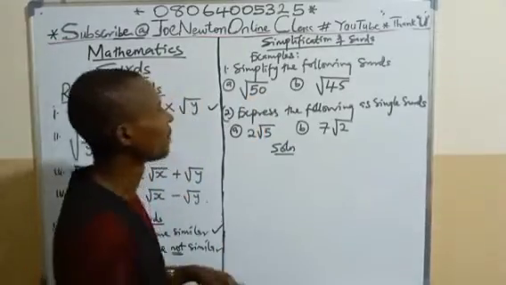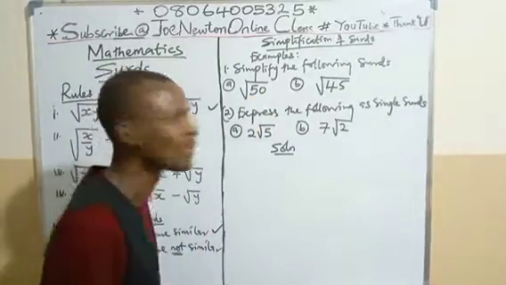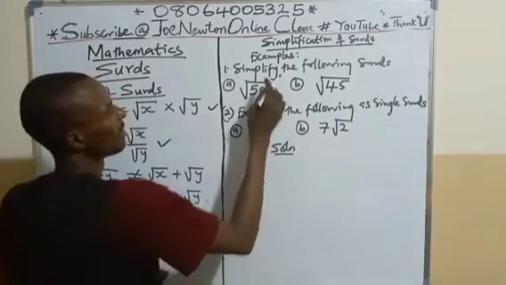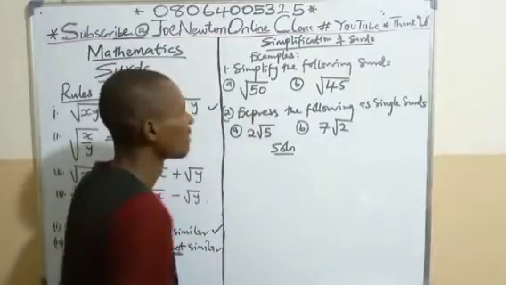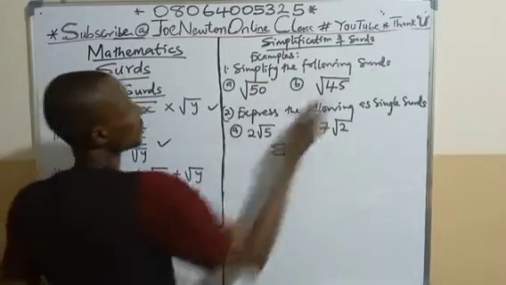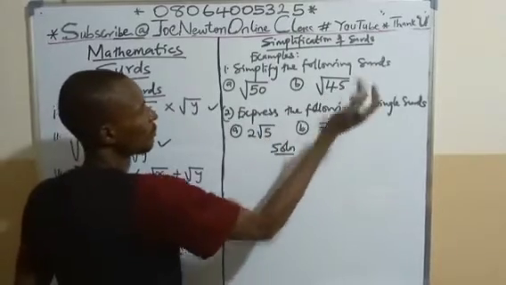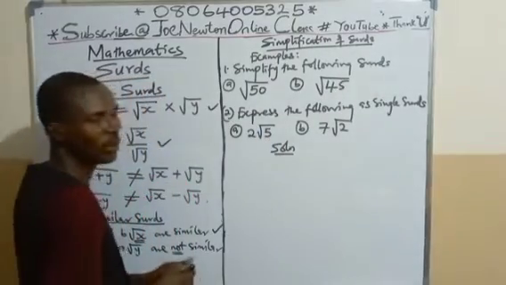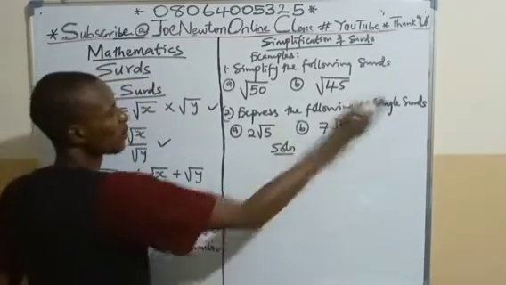Now, looking at the one on the board here as a form of introduction to the rules, I have here: simplify the following surds: root 50 and root 45. Question 2 says express the following as single surds.